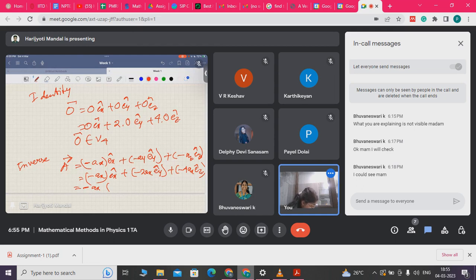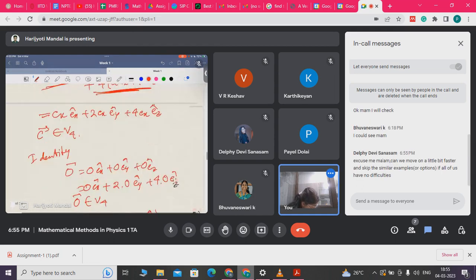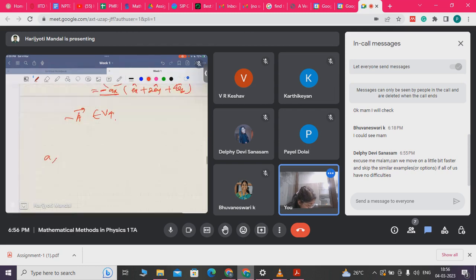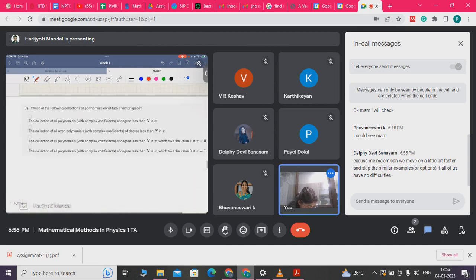So it is minus ax (ex plus 2ey plus 4ez). So minus A also belongs to V4. So here A, C and D are true. Okay, only B is false.